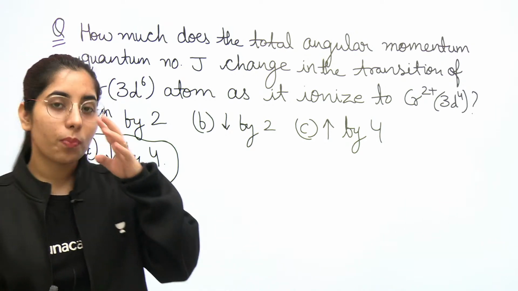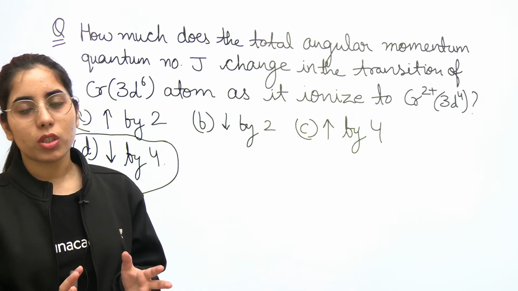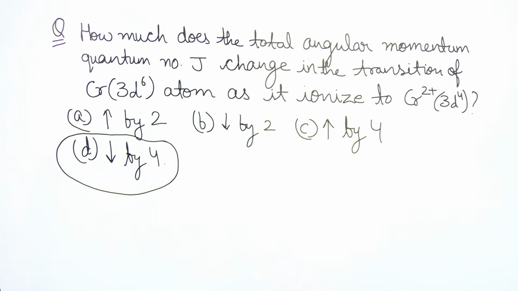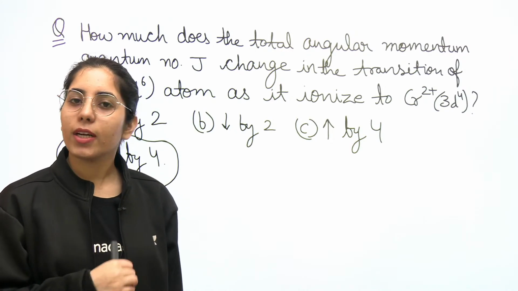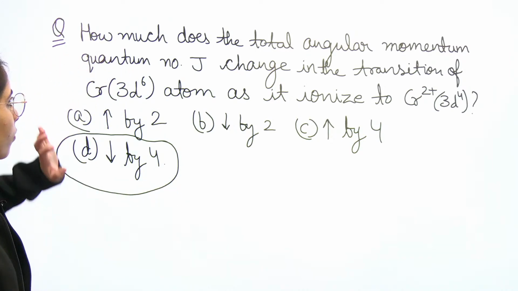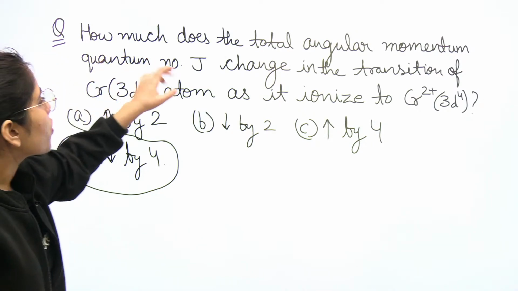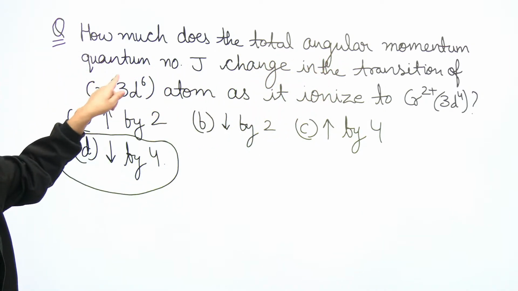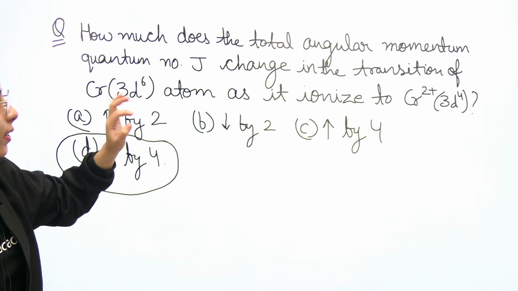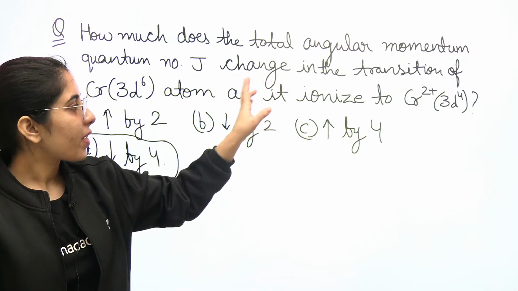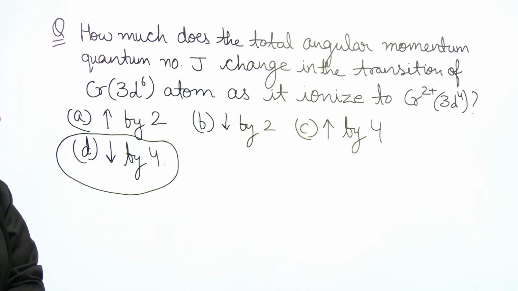That is spectroscopic terms. Not necessarily in exactly the same way, but in some way they can ask you such questions, like directly finding the spectroscopic term or the ground state spectroscopic term. Here they have asked how much the total angular momentum quantum number J changes in the transition of chromium 3d6 atom as it ionizes to chromium 2+, that is 3d4.